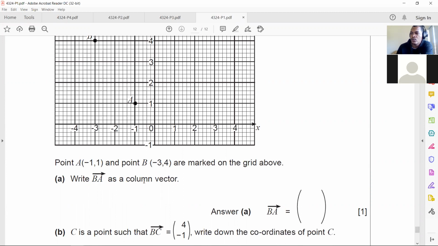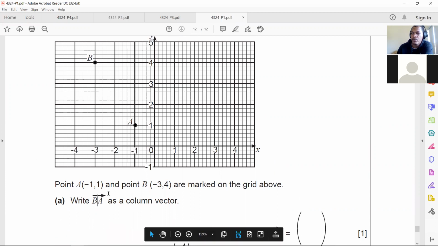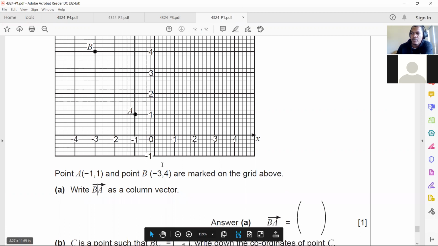Okay, so again, this is just one of those very first questions that we went through, where we explained that you have to know how to represent a vector, right? Which one is your tail, which one is your head, and then that's how we have to do.